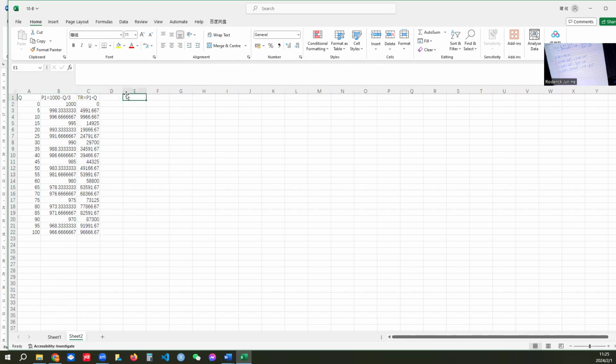For cost, there are 2 parts. The first one is cost of material that equals price 2. So first, let's figure out the price of material.